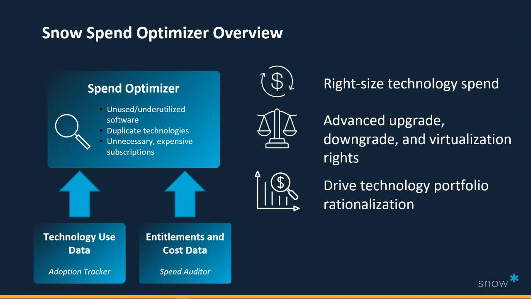So how does Spend Optimizer do what we've just talked about? Well, by building on Adoption Tracker and Spend Auditor, Spend Optimizer adds another layer of usage information and insights on top of that.